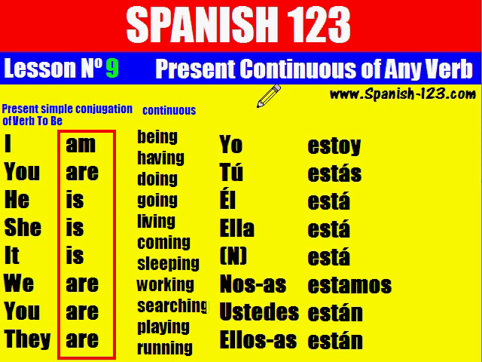So what meaning do you have to use in present continuous of any verb? Well, the answer is right here. You have to use in Spanish for present continuous the meaning estar and the conjugation of verb estar. Okay? And here it is.